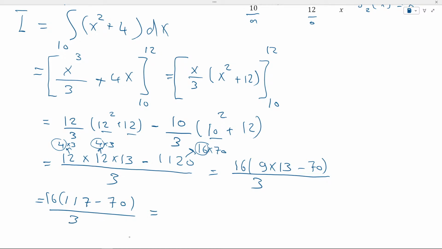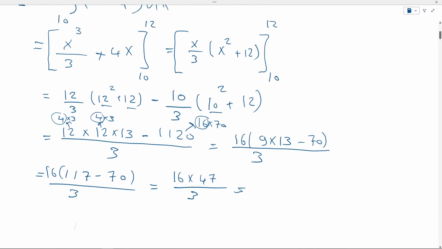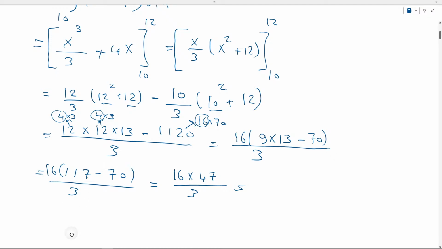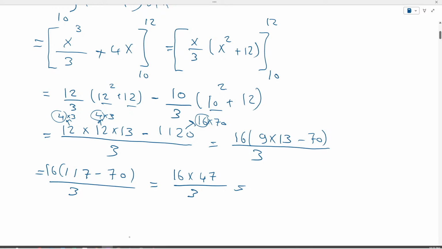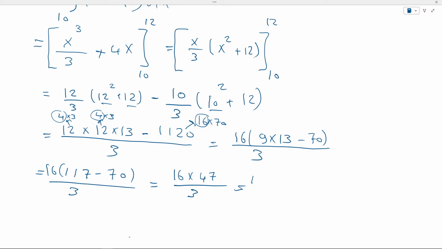That would be 47. So 16 times 47 divided by 3. So what is 16 times 47? If you want to do this, you can just use a calculator. That would be like 470 plus 235.